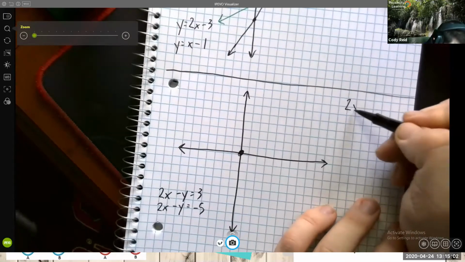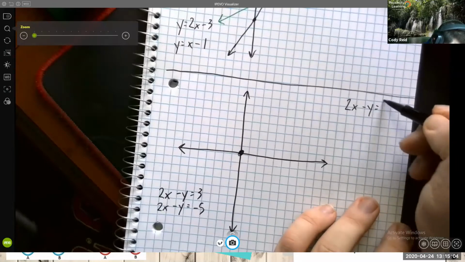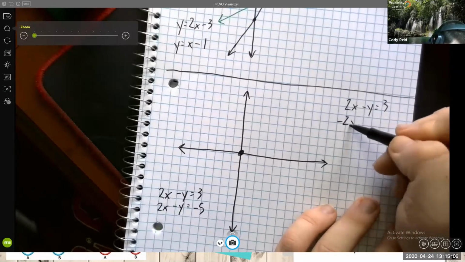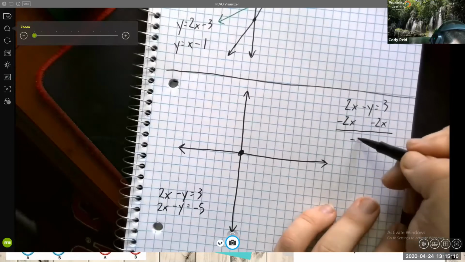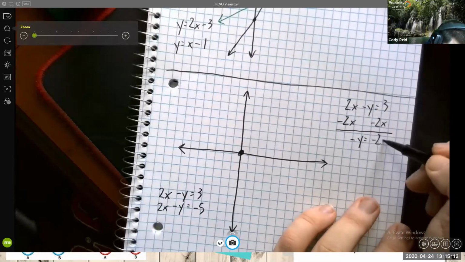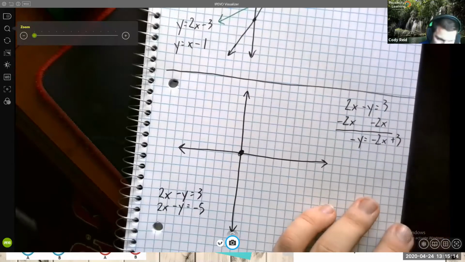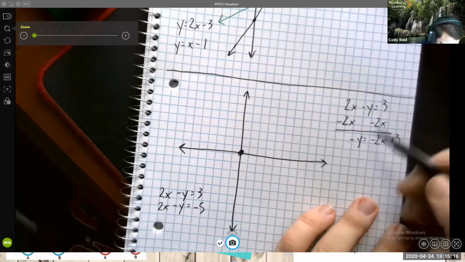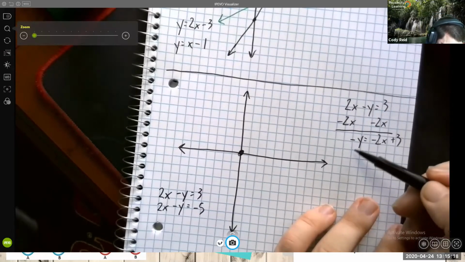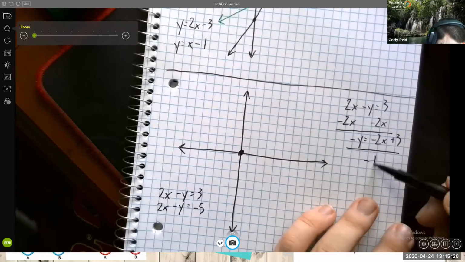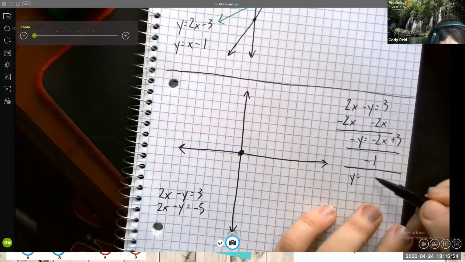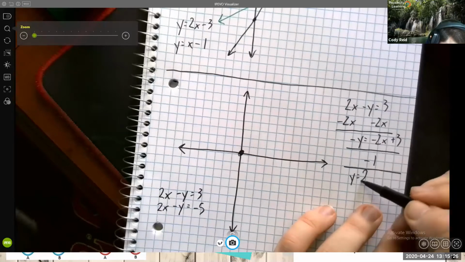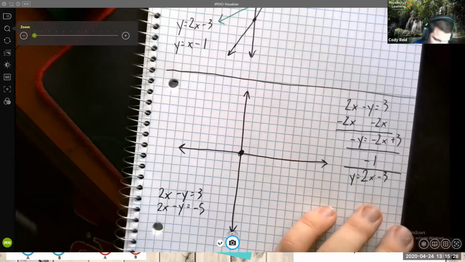So okay. And then get rid of the negative sign. So I would divide all of this by negative 1. So y equals 2x minus 3.